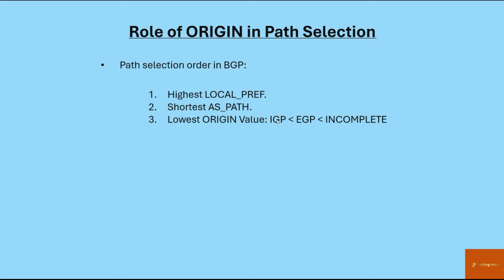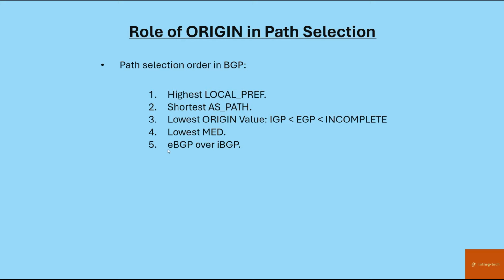So as it states here, IGP is preferred over EGP, which is preferred over incomplete. We've then got the lowest multi-exit discriminators, eBGP over iBGP. In other words, the selection it makes is if the highest local pref is the same, it goes to the second, the shortest AS. If that's the same, it goes to the lowest origin. If that's the same, it goes to the lowest MED.